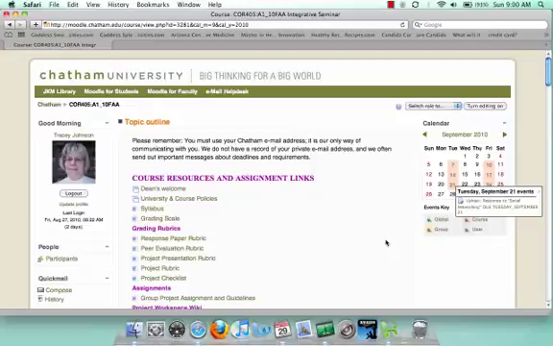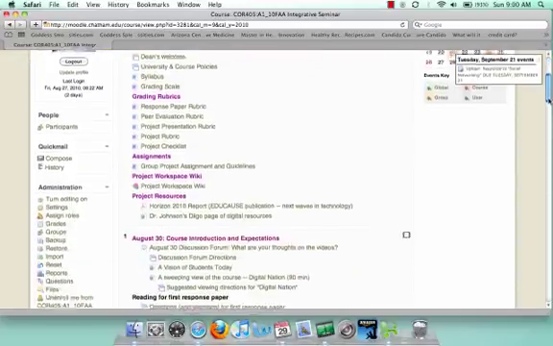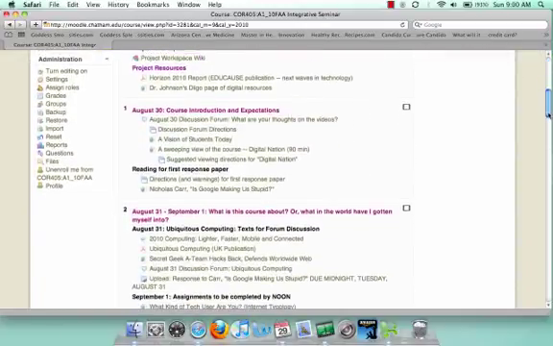So there you have it. This is just the quick overview of our Moodle and how to navigate it. Items that are due are embedded in each day across. So you will see here there's a discussion forum and how to approach that forum. Directions for the first response paper.